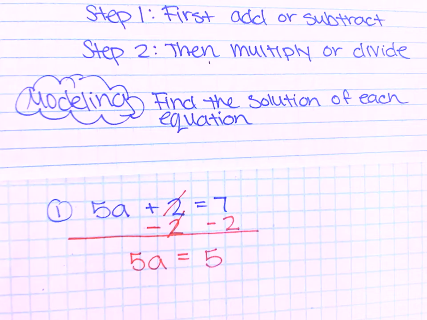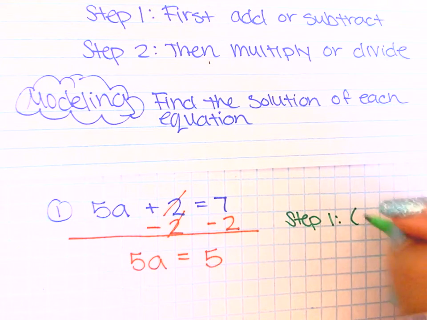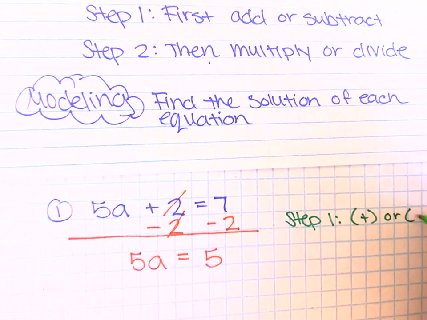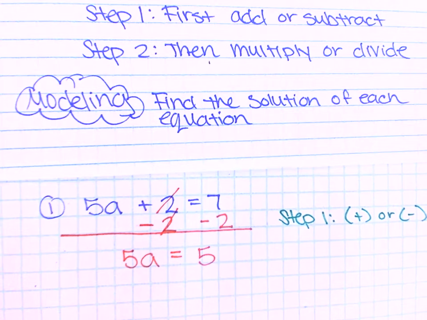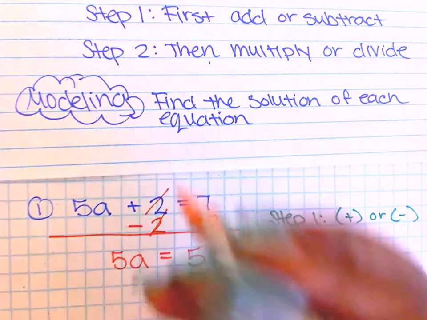So I just accomplished my step 1. I added or subtracted first. So now I'm left with 5a equals 5. So now I can do my step 2, multiply or divide. Well, the 5 and the a are touching, that means multiplication. So I must do the opposite, which is division.